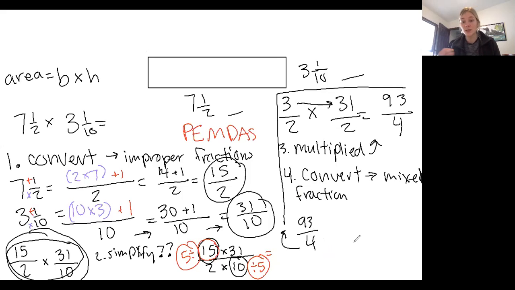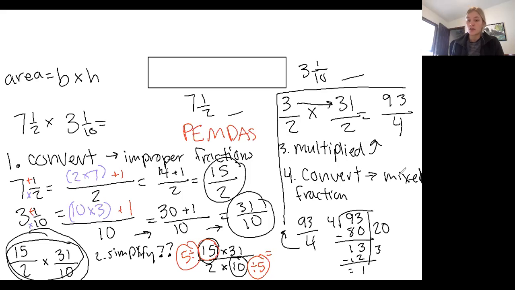And you can do this by long division. So maybe you know how to get there a quick way. Maybe I know that 4 goes into 93 20 times, and that would equal 80. Let's see what's left over. I have 13 left over. Oh, I know that 4 times 3 equals 12, and I have a remainder of 1.